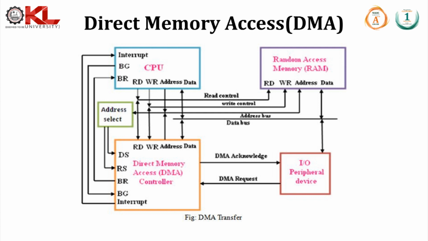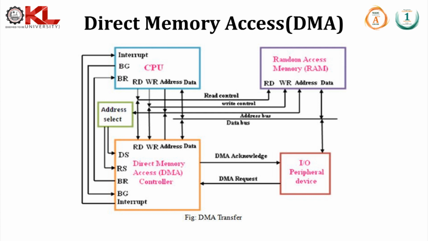The CPU will then forget about this operation and proceed with other tasks. When the DMA controller has completed the transfer, it will signal the CPU using an interrupt. Thus, the CPU will conclude the tasks associated with the data transfer it initiated.